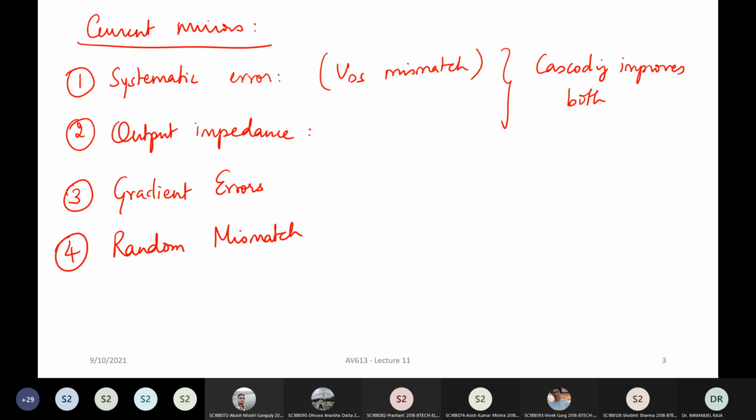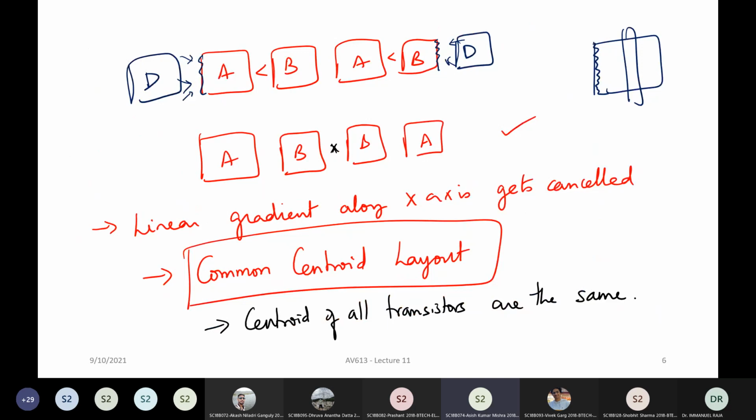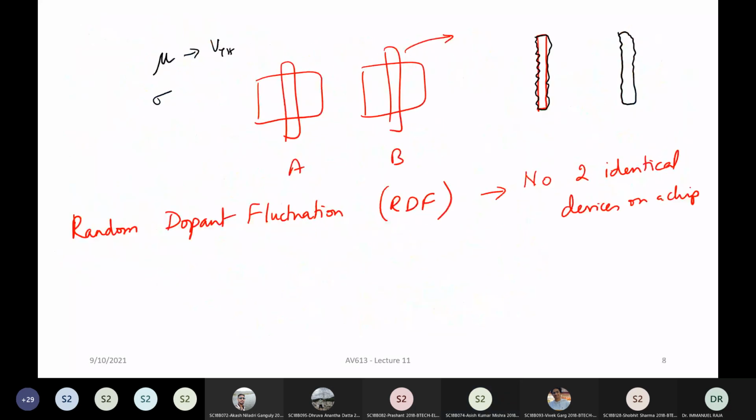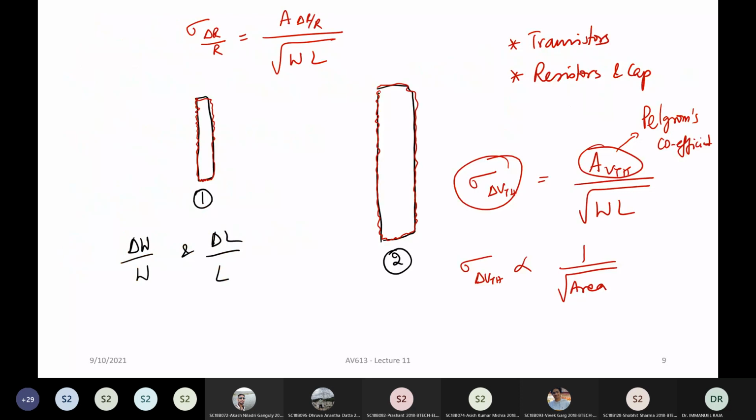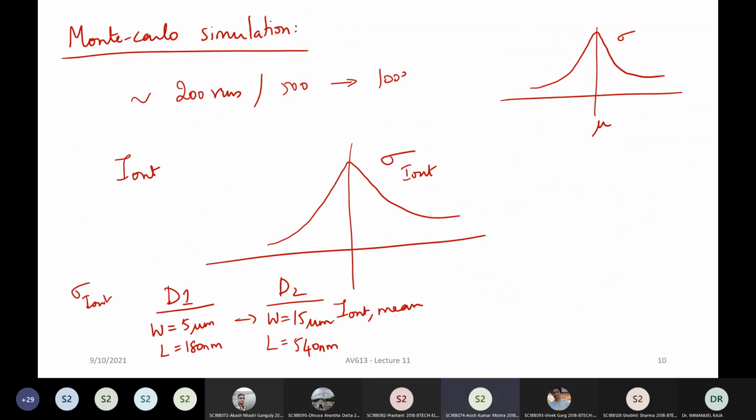Any questions? Any doubts? Sir, usually we take W to be around 10 times or 20 times L. Why is it like that, sir? That is in order for you to get the required current. Usually there is a W min and an L min.